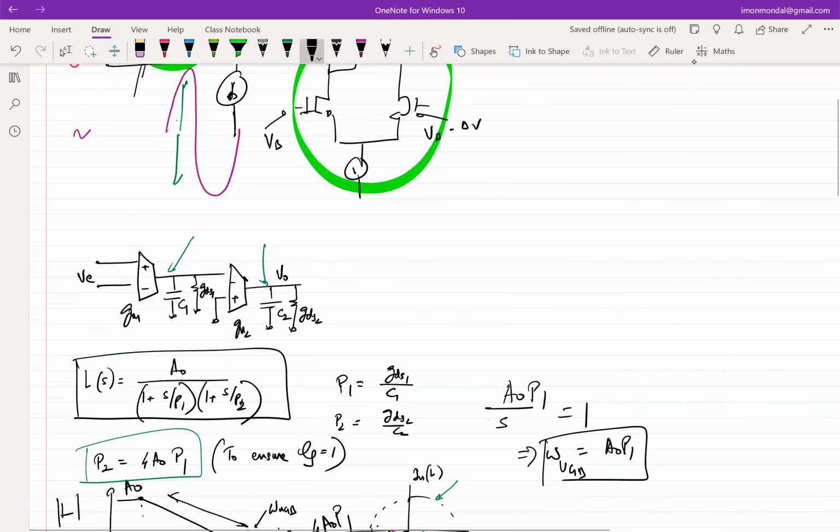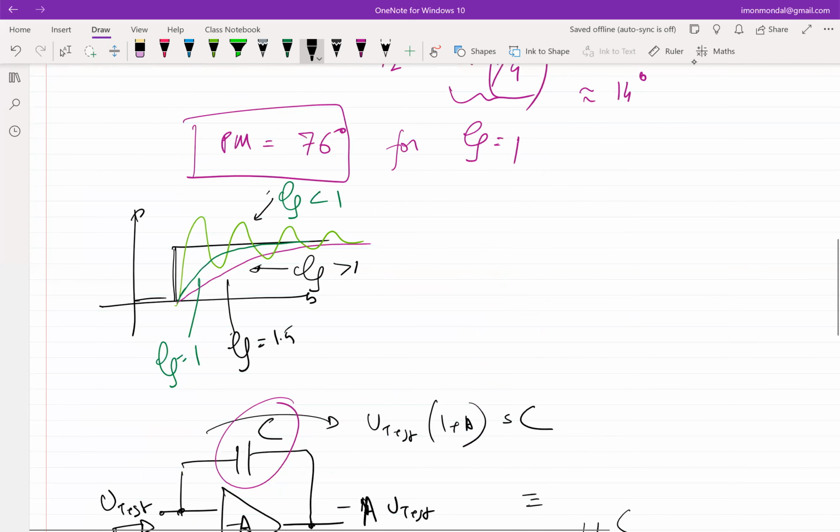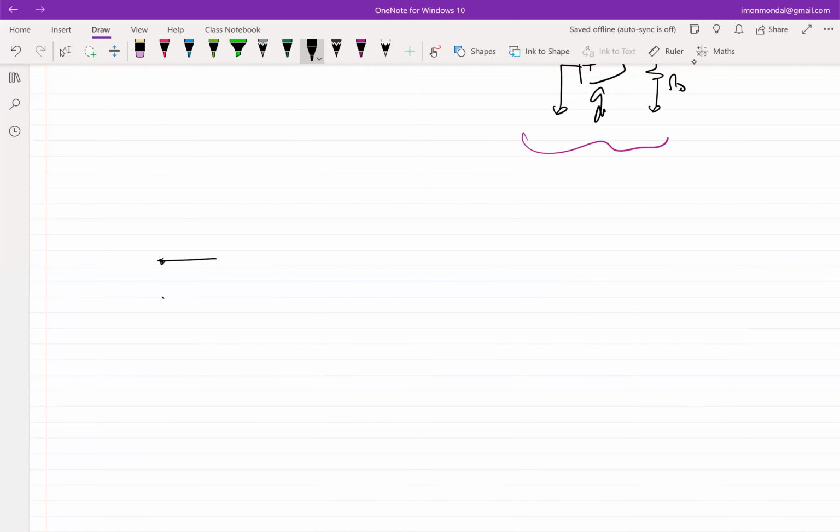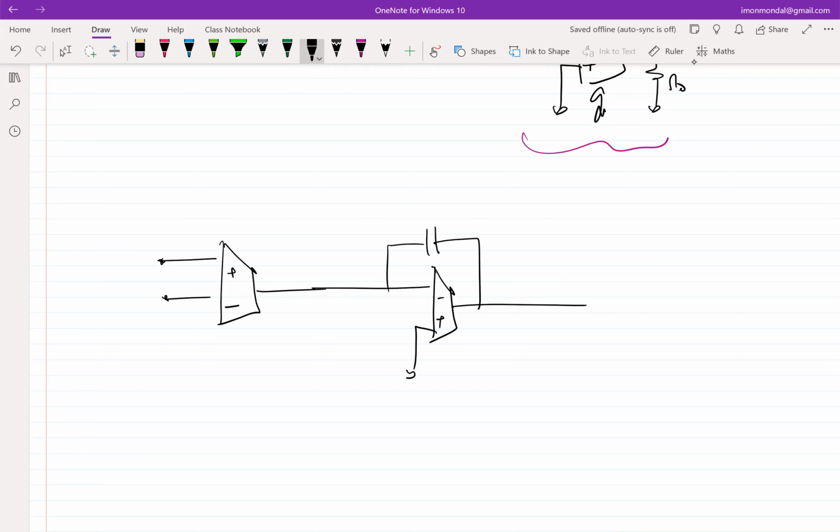Let me sketch it instead of going back and forth, and put this contraption here. Let me call this CC.